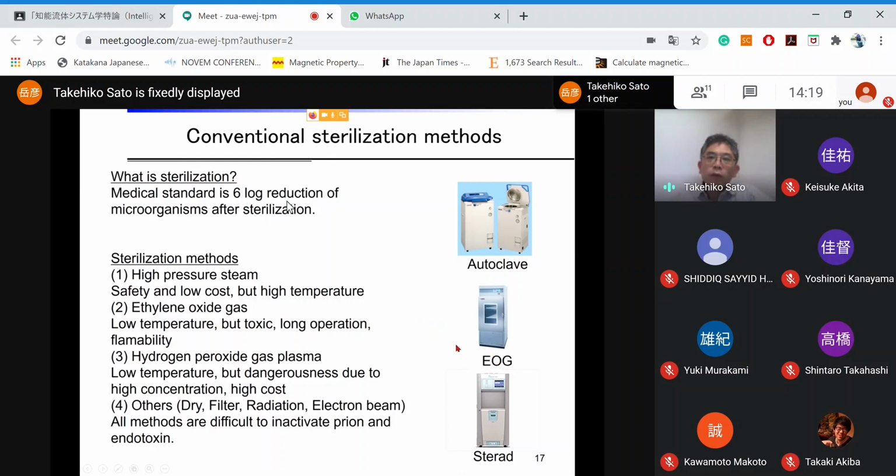In the USA, it's already limited. If they use ethylene oxide gas, they need to decompose it completely before exhaust. So there is a limitation in this case. In Japan, it will be limited in future. And that's a conventional method.